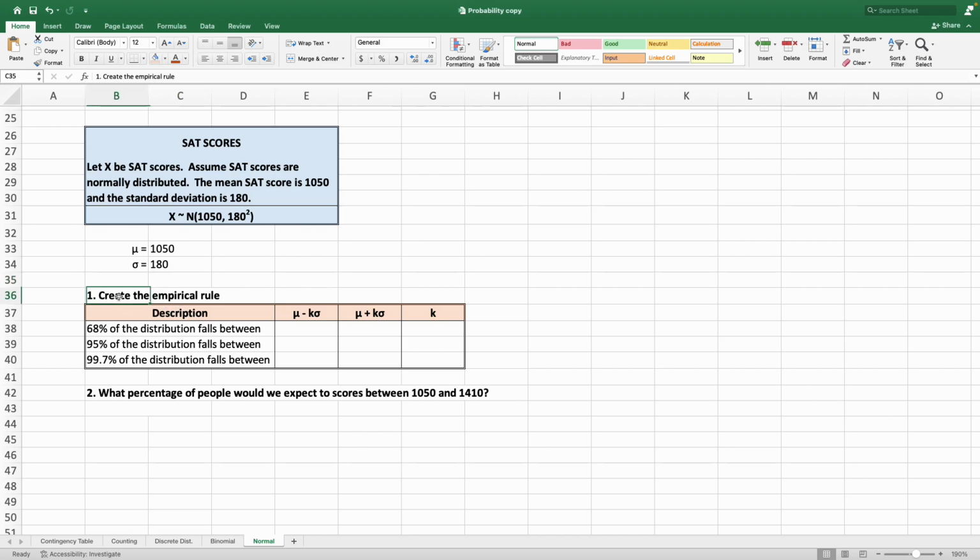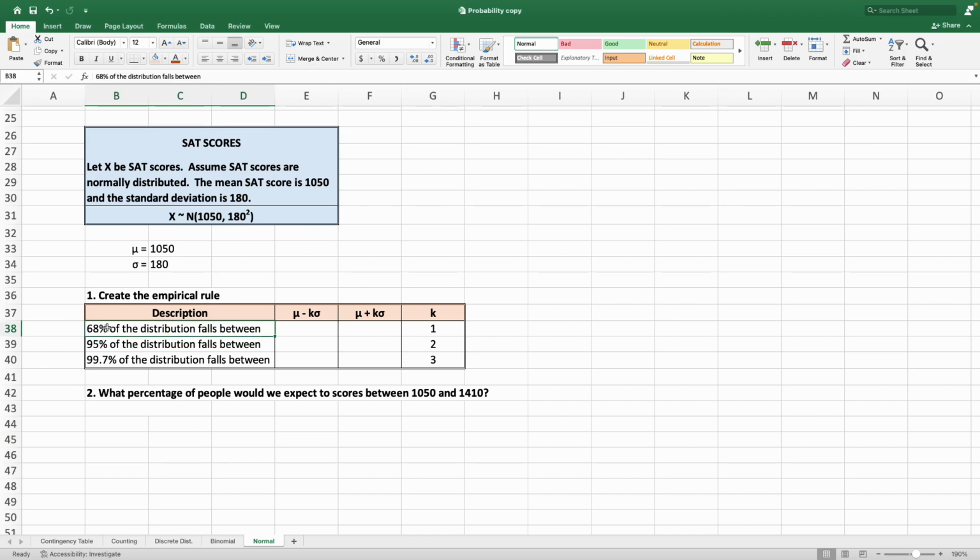So step 1, we want to create the empirical rule. Recall that the empirical rule is mu minus 1, 2, or 3 standard deviations, and mu plus 1, 2, or 3 standard deviations. So let's start with k. So we want 1, 2, and 3 standard deviations away from the mean.